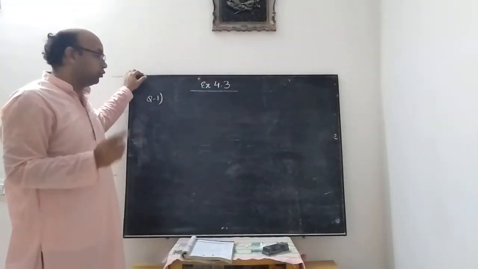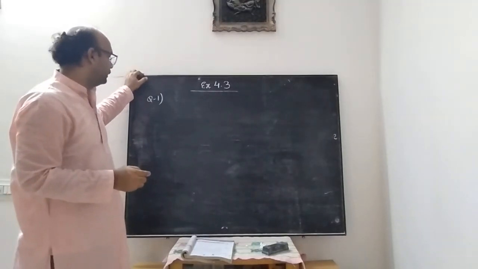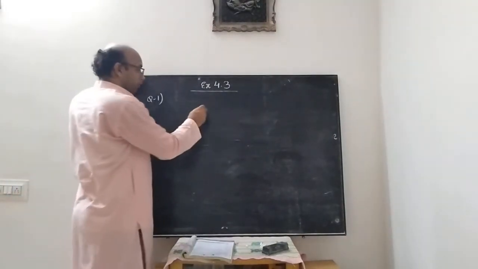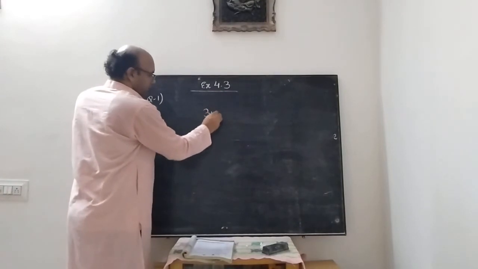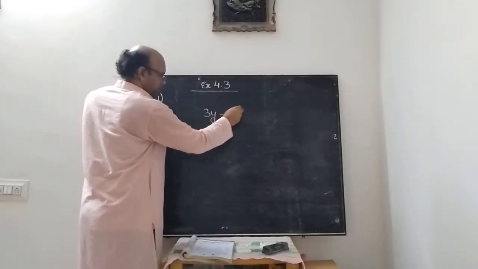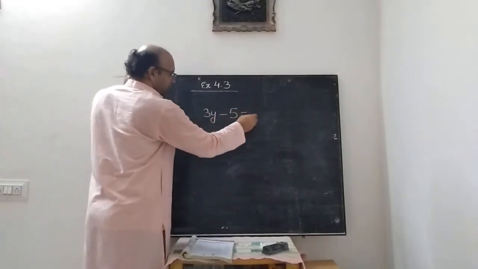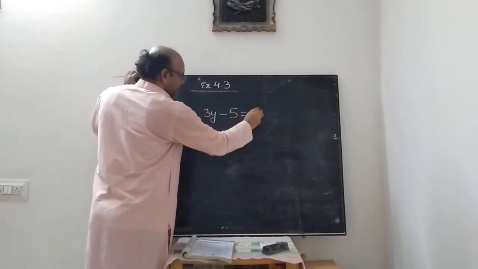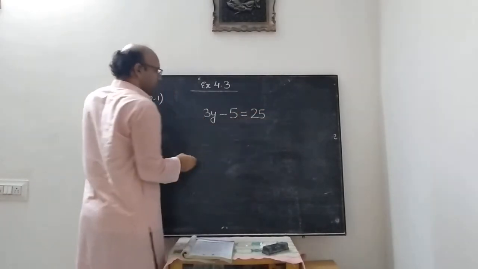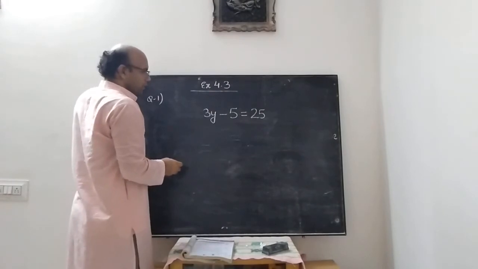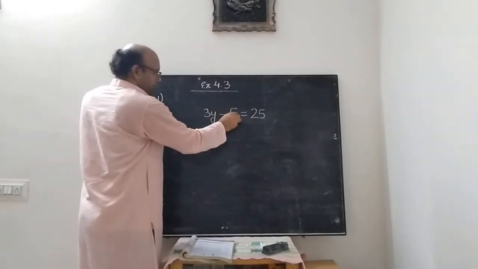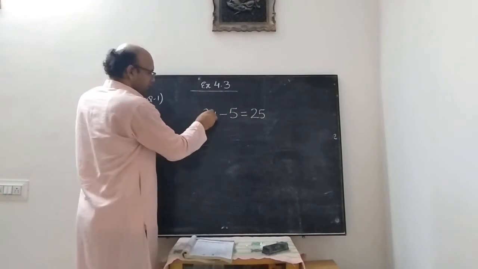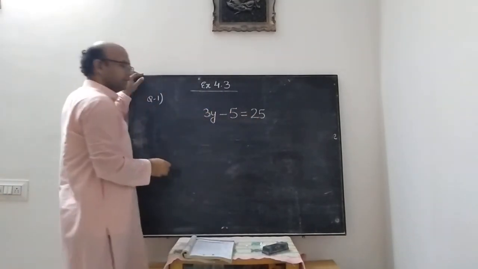I would just like to discuss one thing. That is the error most students make. If you have 3y plus 5 equal to 25, sometimes instead of taking this 5 to the other side, they take this 3 directly.